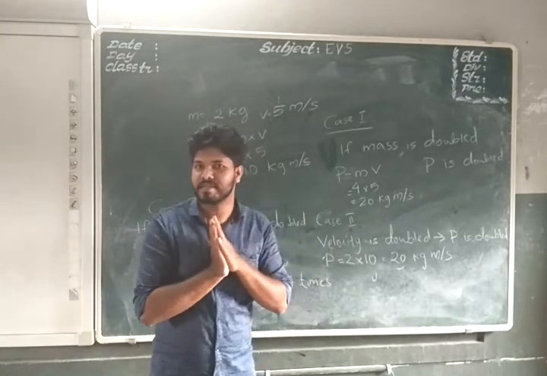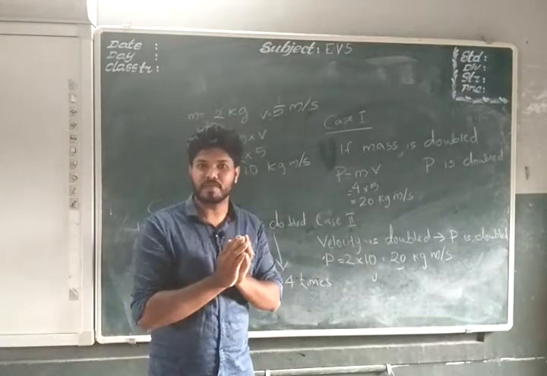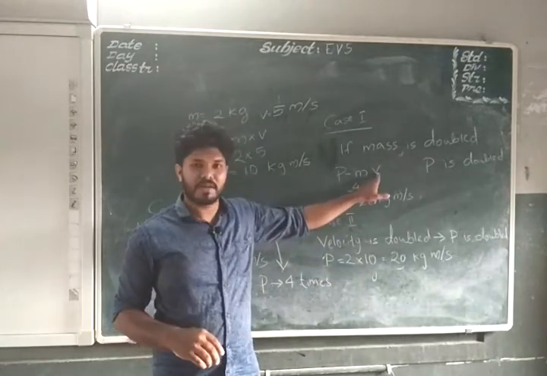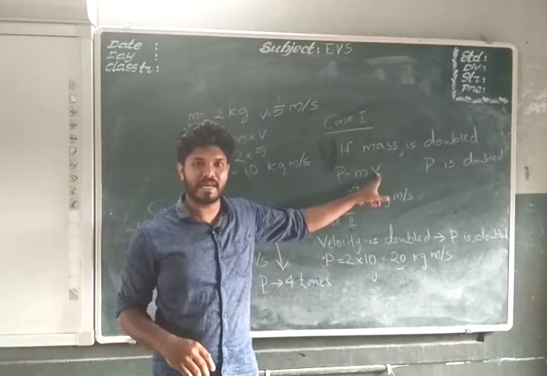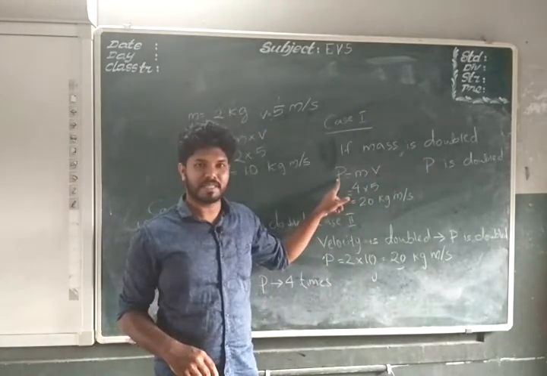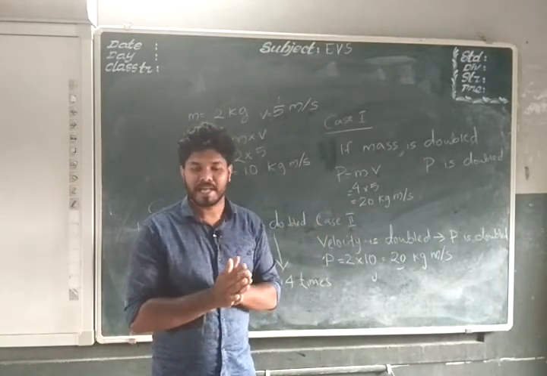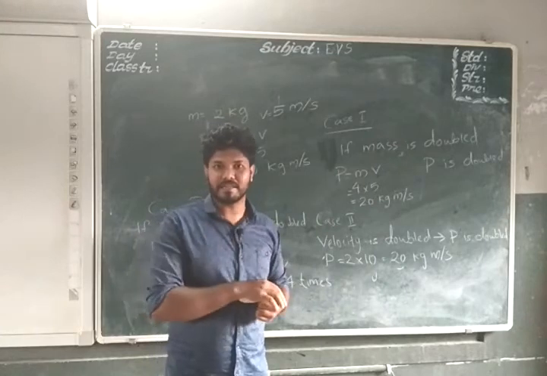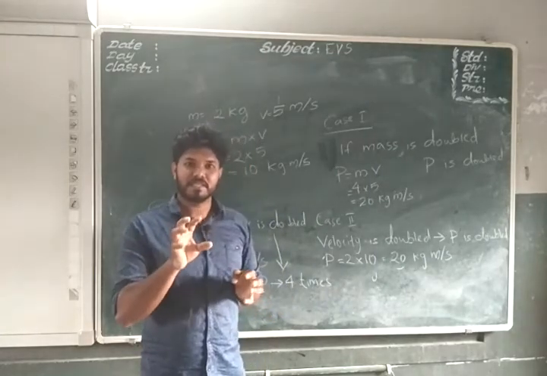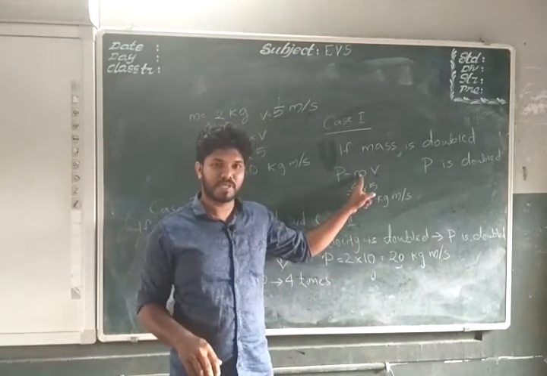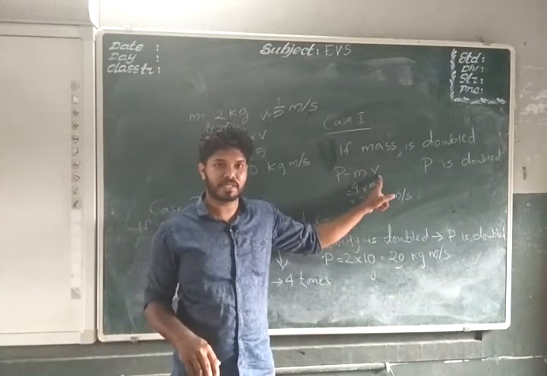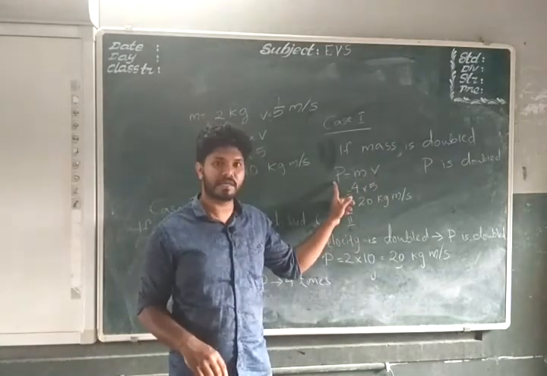They are actually reducing the speed of the ball. If the speed of the ball is decreased, what happens? Momentum will be decreased, that is, impact of the motion will be decreased, hence they will not hurt their hand. One thing is that either we have to decrease mass or we have to decrease velocity to decrease linear momentum, isn't it?